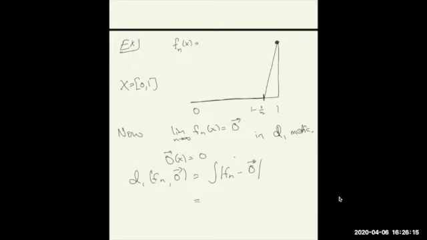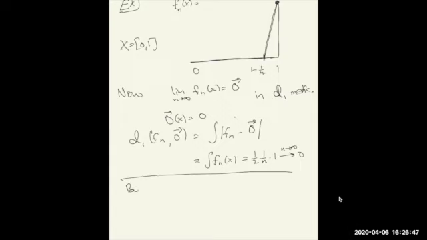And this here is just the absolute value of fn, which is positive, so we have just the integral of fn of x. Now, what is the integral of fn of x? It's just the area of this triangle. This could be proven rigorously. So it's 1/2 the base times the height, and this goes to 0 as n goes to infinity. So therefore, fn converges to 0 in this metric.